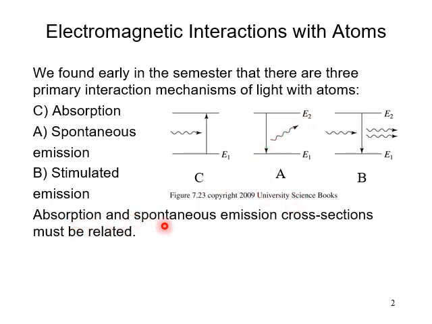The absorption and spontaneous emission cross-sections actually have to be related to one another because in thermal equilibrium, we have to have the correct ratio of electrons in the upper state to electrons in the lower state. And the light that gives rise to this excitation is just background radiation or Planck radiation. And the actual spontaneous emission is due to Planck radiation interacting with the electron in the upper state.